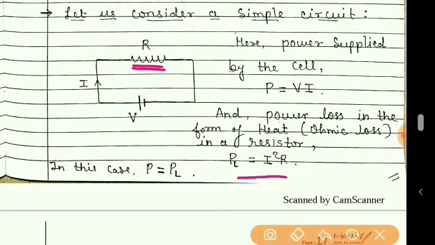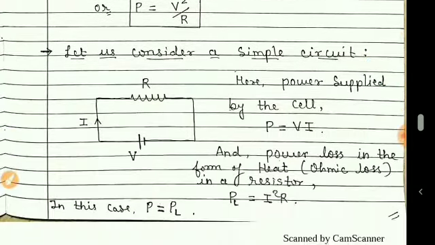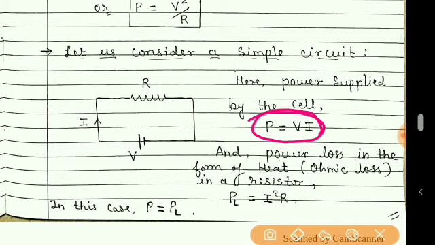Now what is the power obtained from the battery when the current I is flowing? That is power P is equal to V into I, that is the power supplied by the battery. This is the equation which we obtained. So students, in this case whatever power is supplied by the battery gets converted into heat energy through this resistor.